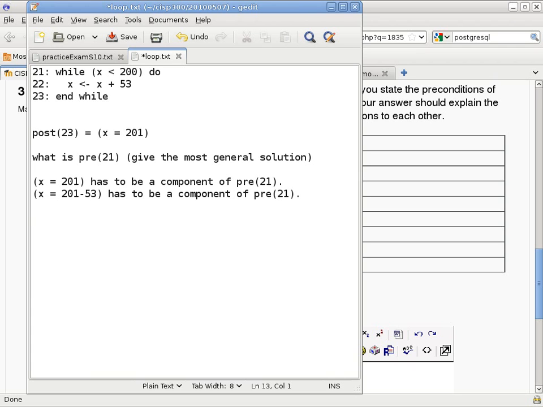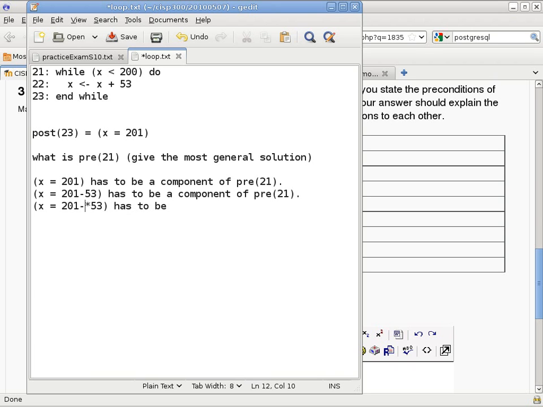Skip the entire loop and end up on post 23 as 201, right? But that's only one way, because x equals 201 minus 53 has to be a component of pre-21 as well.